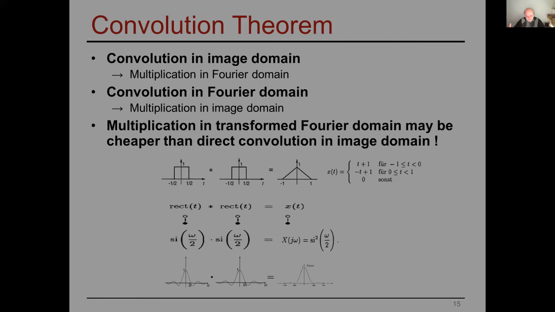We introduced the Fourier transform, and there's a nice relationship of doing a convolution in one of the spaces. So let's say in the spatial domain, in the image domain, or in the normal way we define our functions. If we do a convolution there, it actually turns out that in the Fourier domain, the frequency domain, you do a multiplication.